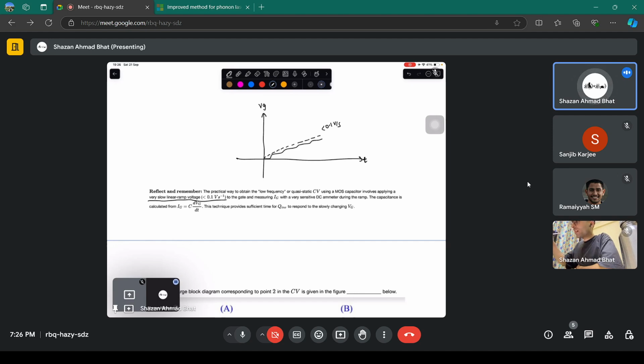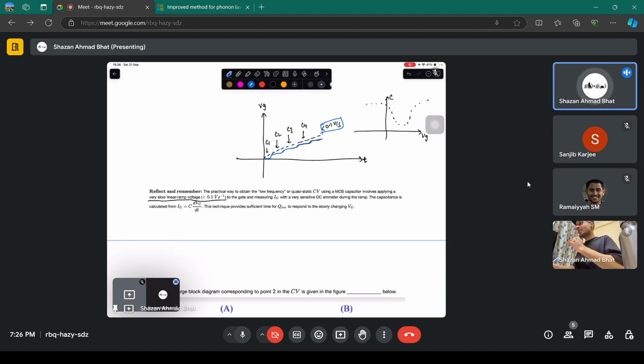Okay, then you measure the capacitance. You measure capacitance here C1, C2, C3, C4, and those values you plot on this capacitance versus voltage curve, capacitance versus VG. But you vary the gate voltage slowly, with this slope, less than 0.1 volt per second.